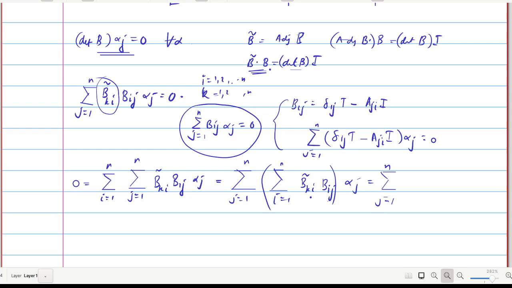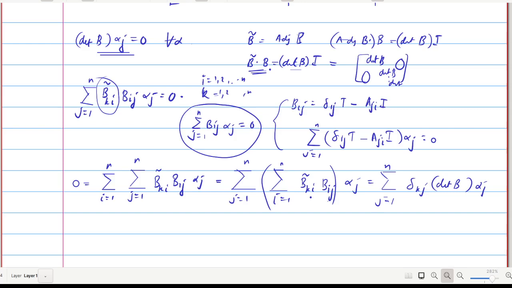So that will give delta_kj determinant b times alpha j. The kjth entry of this matrix is nothing but det b on the diagonal, and all the diagonal entries are det b and the rest of them are 0. So the kjth entry of this matrix can be written as delta_kj det b alpha j.